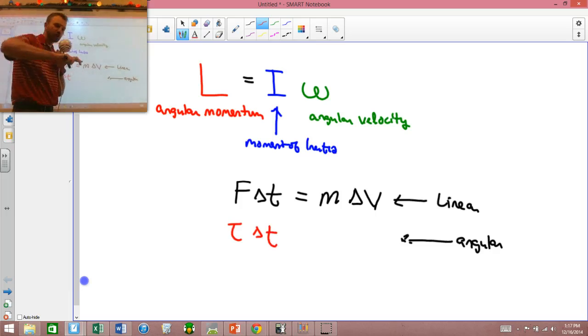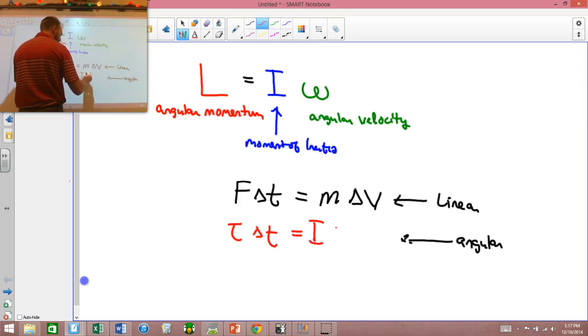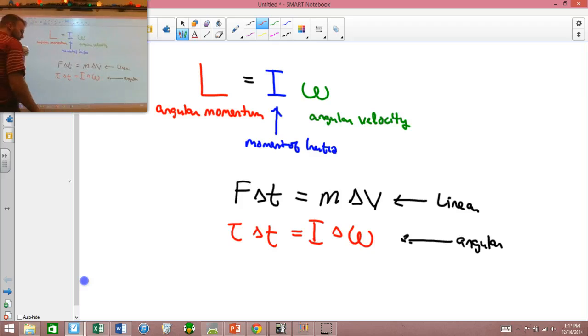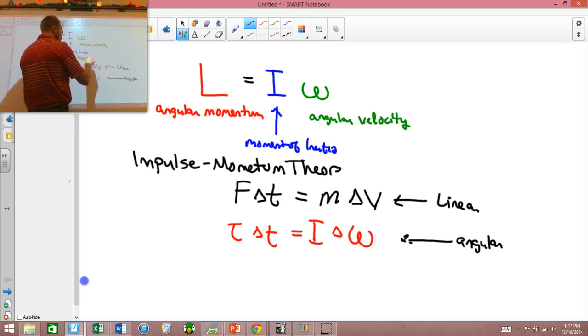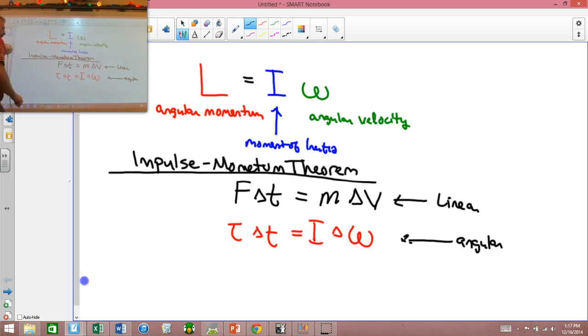So if you exert a torque on something for a certain amount of time, then that equals its moment of inertia times its change in angular velocity. So this is the impulse angular momentum theorem.